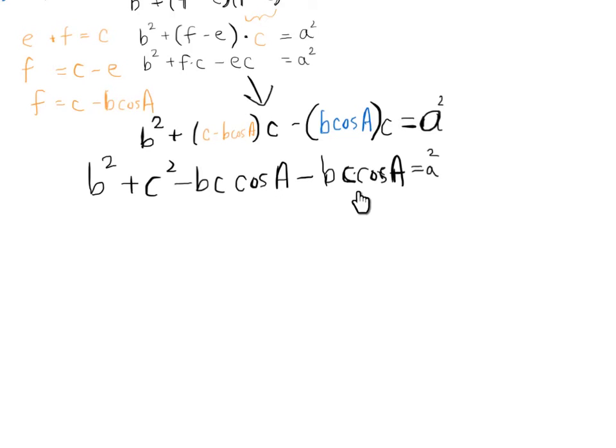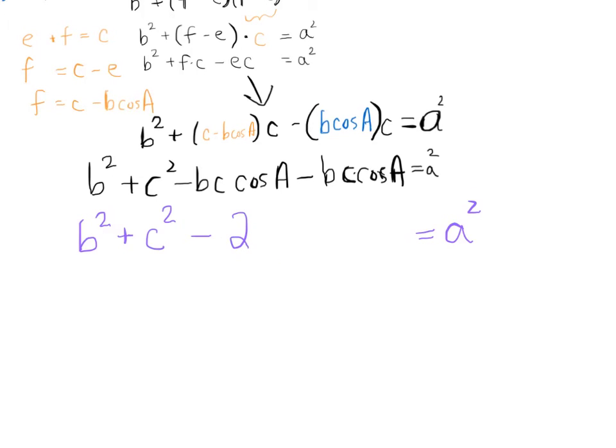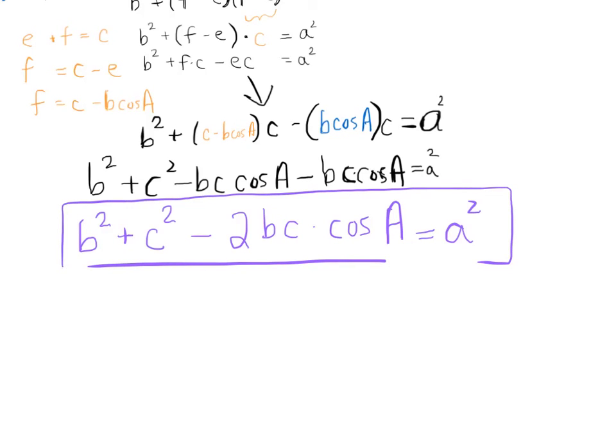What I'm saying is this: a squared, what I have on my right side, is equal to b squared plus c squared minus 2bc cosine of a. So right here, boom. Right here I have the law of cosines for you. B squared plus c squared minus 2bc cosine of a equals a squared.